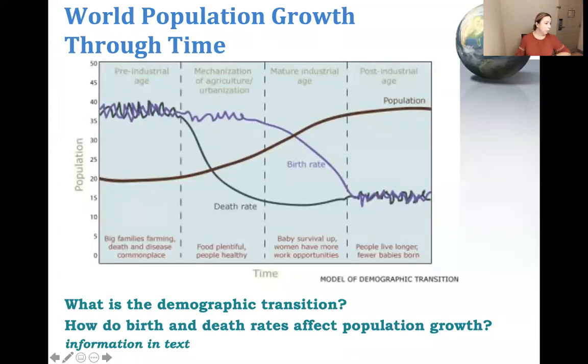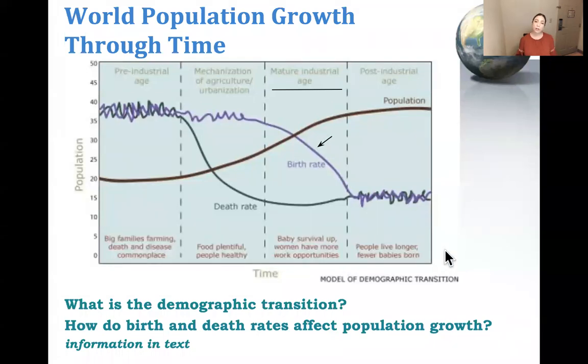Okay, now we have mature industrial age. So most countries have passed out of the second stage of the demographic transition. Now, the third stage is where you're going to find a lot of developing countries. So here, in this stage, the birth rate is starting to fall.